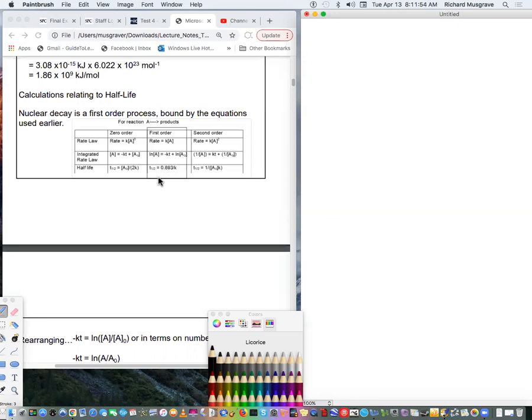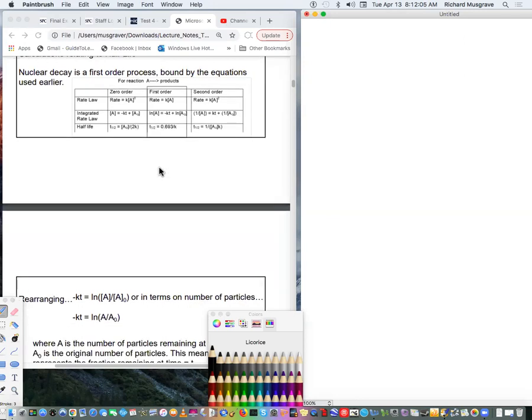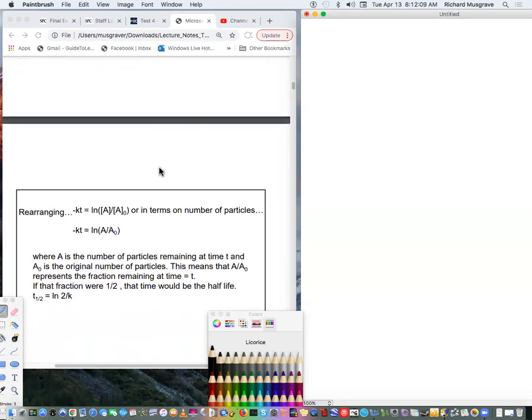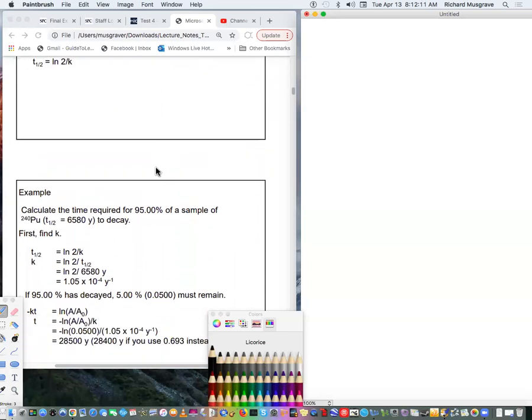So what this means is that if we've got a half-life, we can easily get this rate constant k just by using this equation. We don't need to know how much we're actually starting with. However, we can use this to calculate times, the time required for a certain percentage of a sample of a radioactive element to decay or to remain.